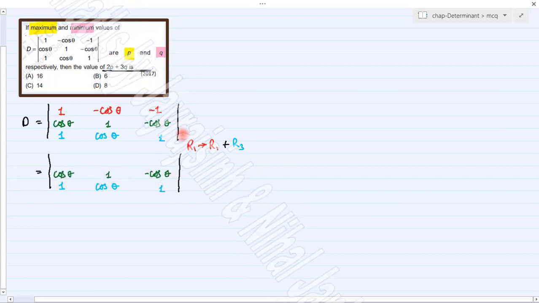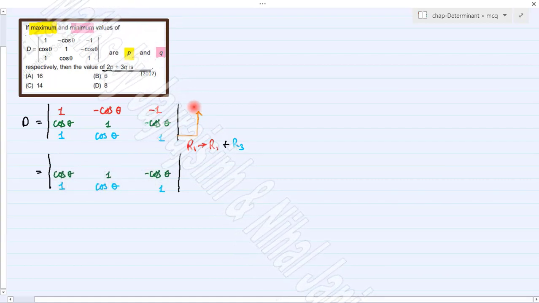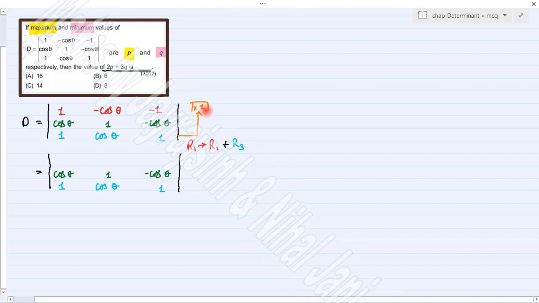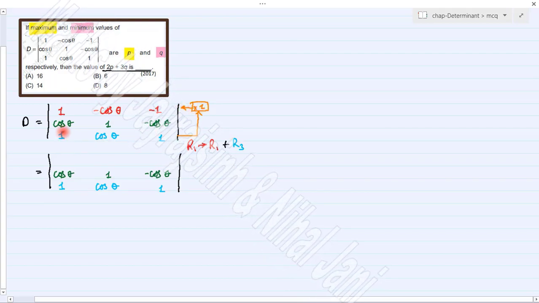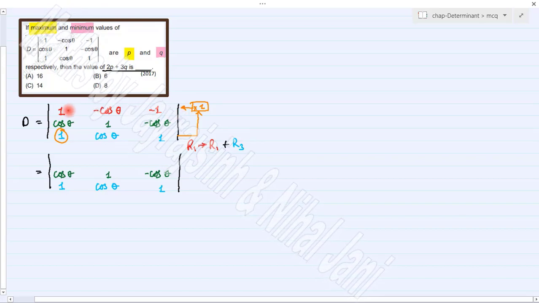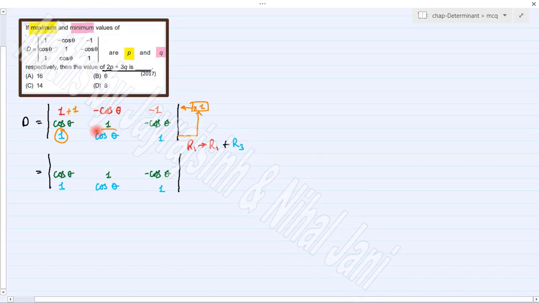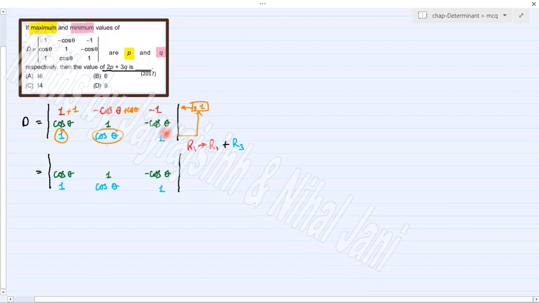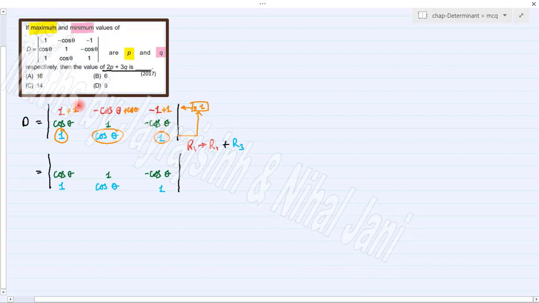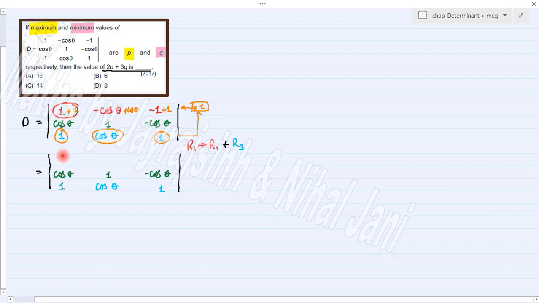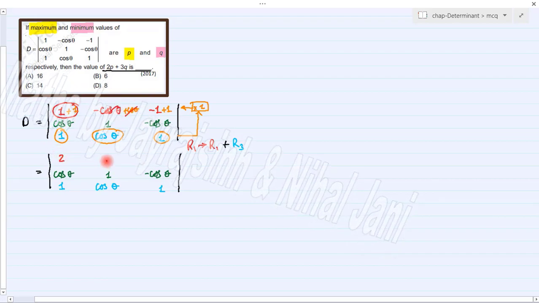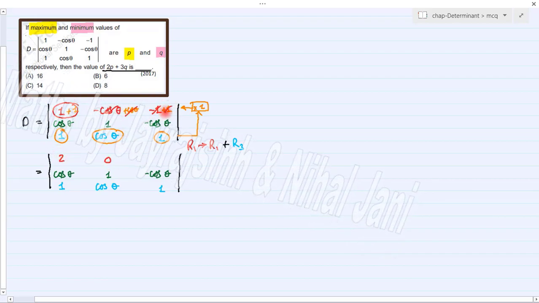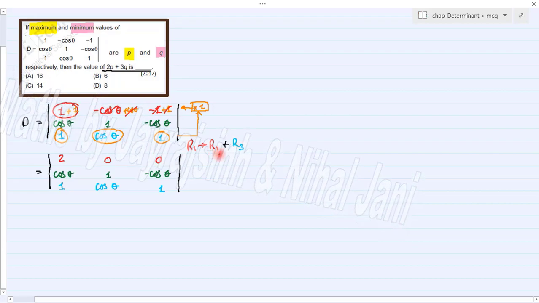Now to find the first row, we have to multiply the third row with 1 and add into the first row. So 1 1s are 1, then cos theta 1s are plus cos theta, and 1 1s are again 1. So 1 plus 1 will become 2. Cos theta will cancel out, we'll get 0, and 1 will cancel out, we'll get 0 again.